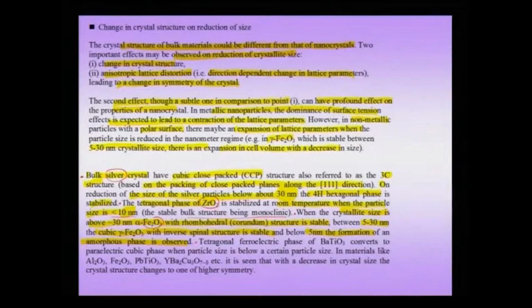Now, another example is the case of the tetragonal ferroelectric phase of barium titanate. On reduction of the particle size, the ferroelectric phase converts to a paraelectric cubic phase. When you are talking about ferroelectric and paraelectric, we are of course talking about a change in crystal symmetry, but more importantly we are also talking about a change in the physical property.